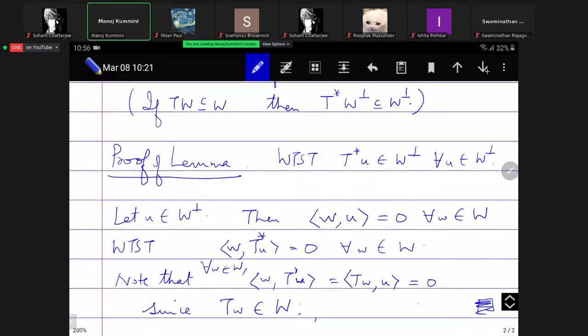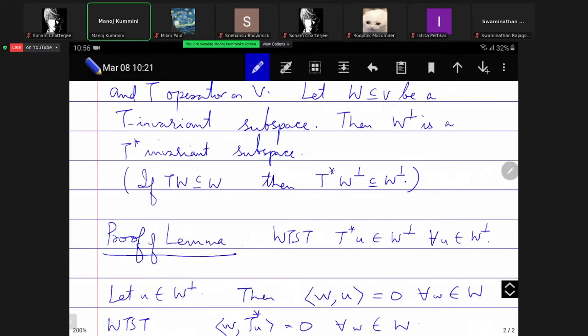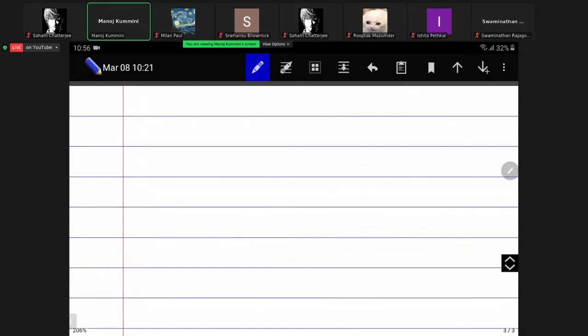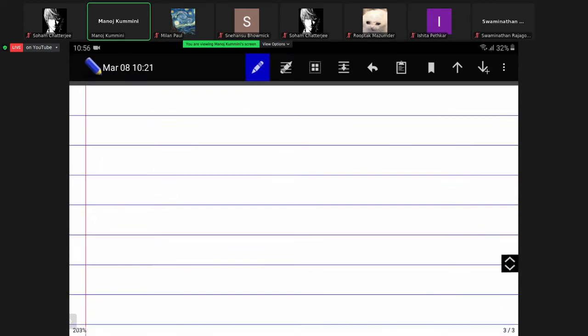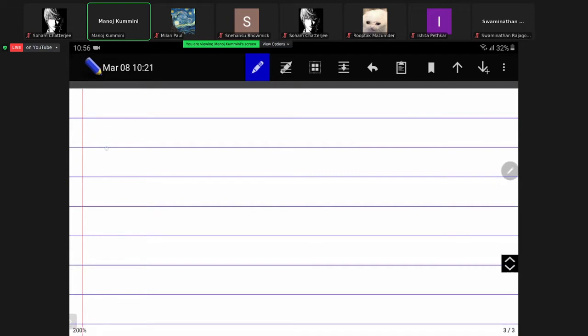So with this, now assuming T is normal, we will be able to decompose V into two subspaces, and then we will be able to build the matrix of T, or the orthonormal basis of V. So now proof of theorem.